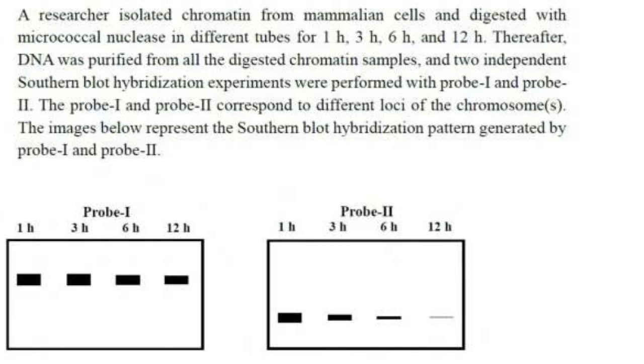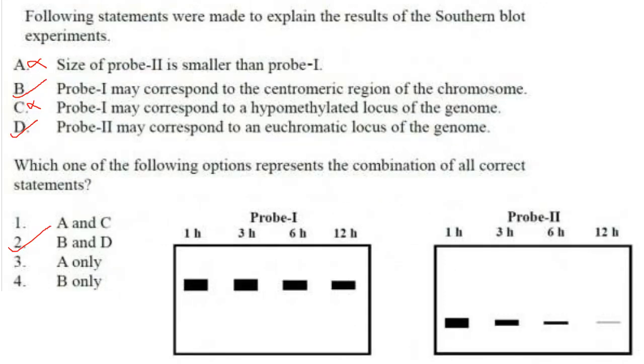Now, if you see here probe 1, there is not much difference in the band intensity because the level of digestion is not high in this region of the chromatin. Whereas here, if you see, the band intensity is decreasing, showing that digestion increases with time. Following statements were made to explain the results of the southern blot experiment. Which of the following options represents the combination of all correct statements?